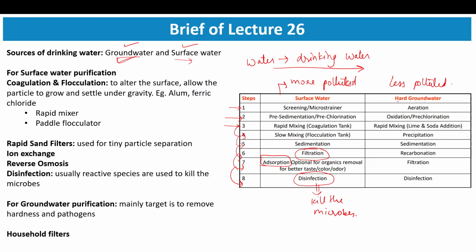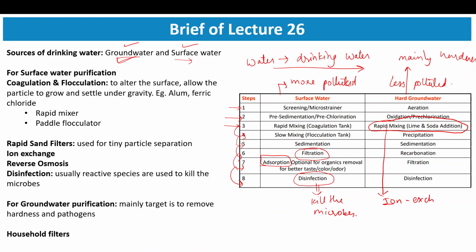Now, similarly for groundwater, you can say that groundwater has mainly hardness. So in that case, the major treatment technology would be the lime soda process, which is a treatment technology to remove hardness. Another way of removing hardness is ion exchange.